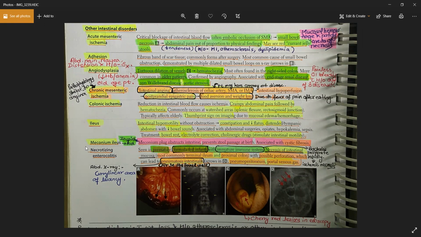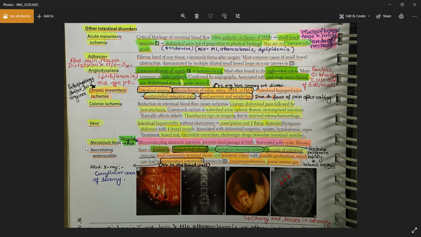It is seen generally with cystic fibrosis, because you know in cystic fibrosis I'm having a dehydration of the stools, right? The stools will become very hard, similar to other body secretions like the bile secretion or the pancreatic secretions. They will become very dehydrated, right? And as a result, you will have the obstruction of the colon, or the obstruction of the ileum.